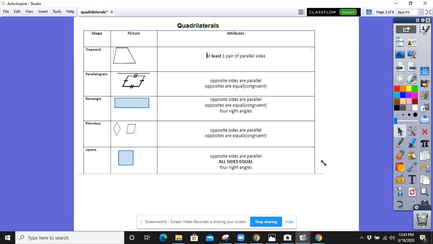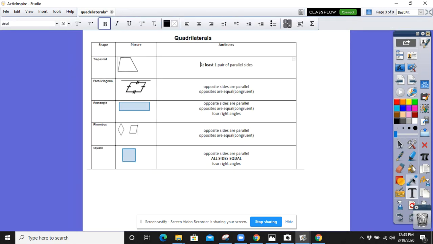So yeah, we can create some generalizations. I want you to go ahead and pause the video, and maybe you can determine some generalizations based on these attributes. One of the most common generalizations is that all squares are rectangles. That is a generalization because the square has all the attributes of a rectangle.